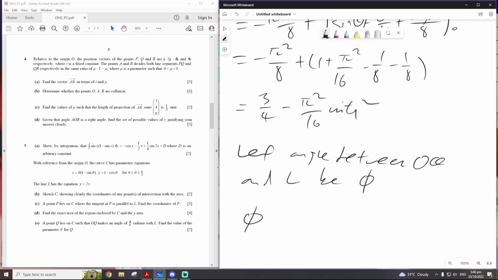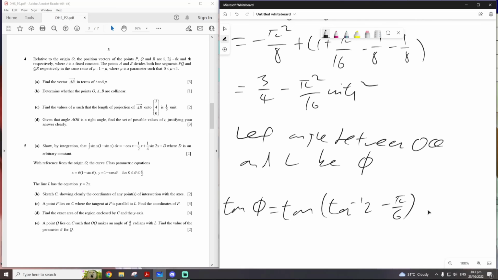So we see that phi is actually tangent inverse of 2 minus pi over 6. Or no, actually it's tangent phi, sorry. Tangent phi equals tangent of this. Yeah.